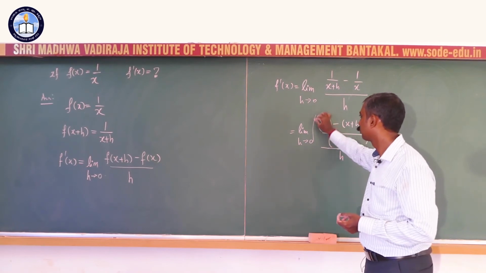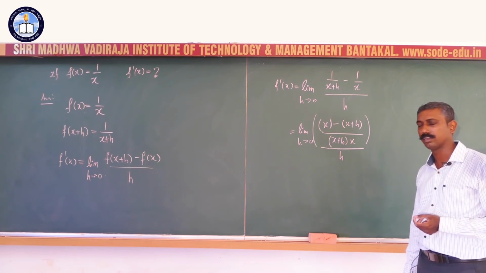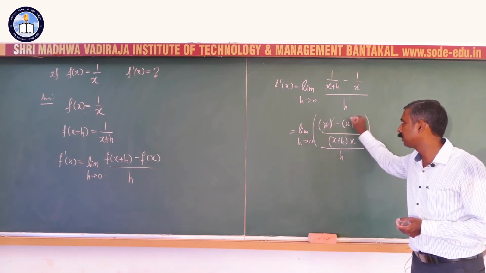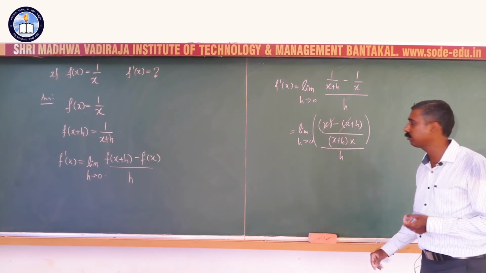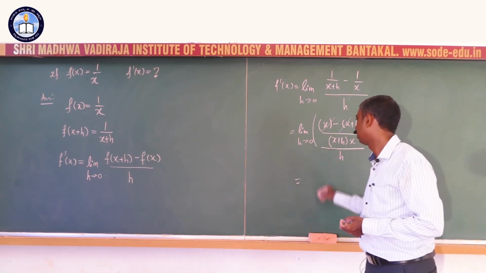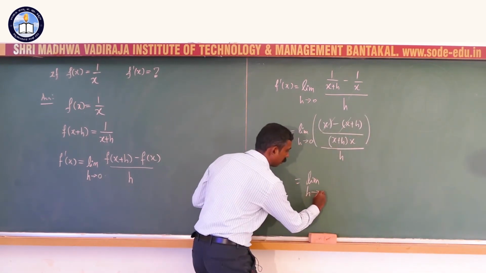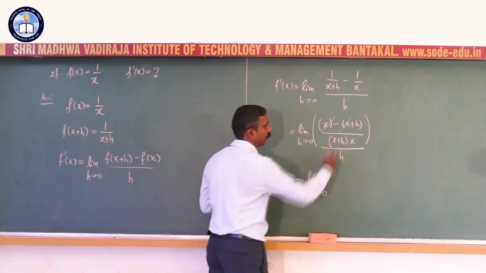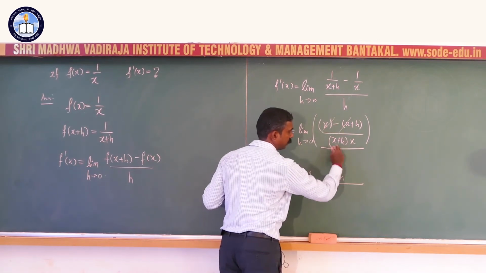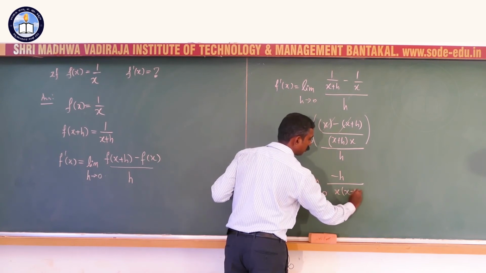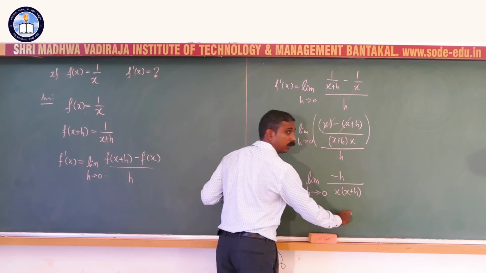Again, cancelling the terms. When you open the bracket, x minus x will cancel. So, what is remaining is minus h divided by x into x plus h, whole divided by h.